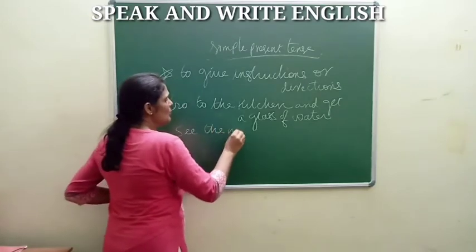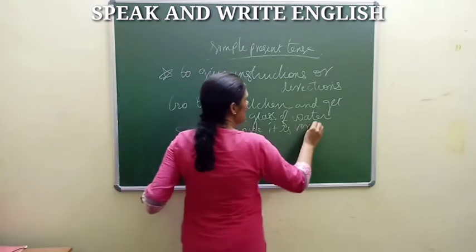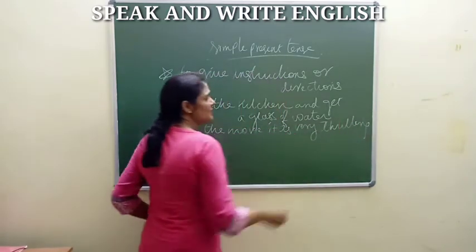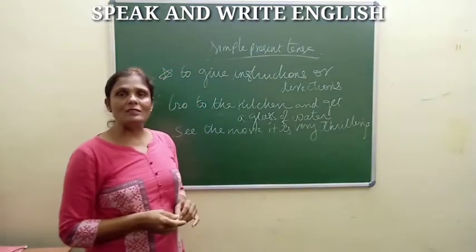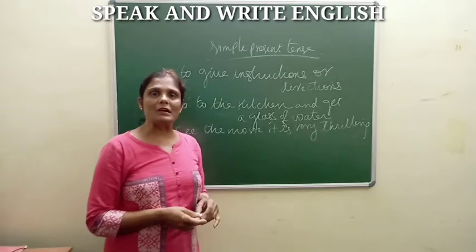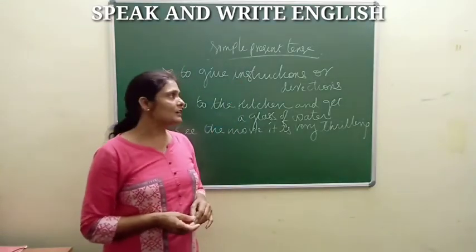See the movie. It is very thrilling. Again, you are instructing someone to see the movie because it is thrilling. So in such cases where the instructions or directions are given.